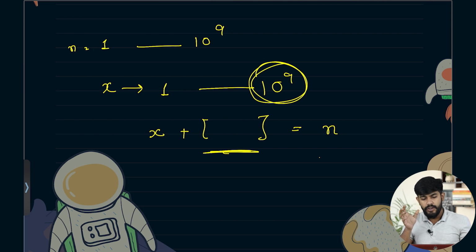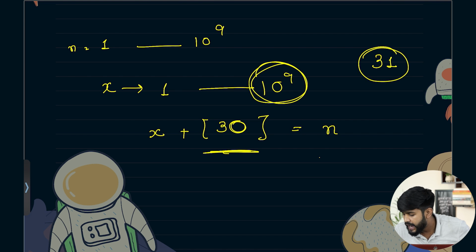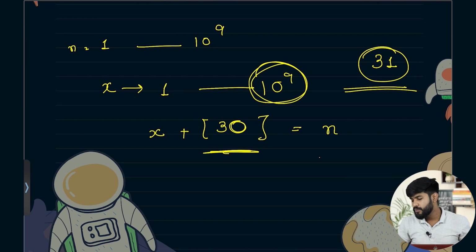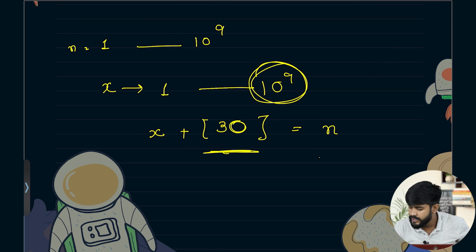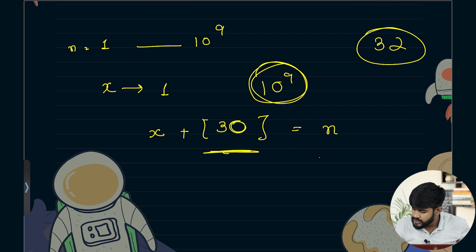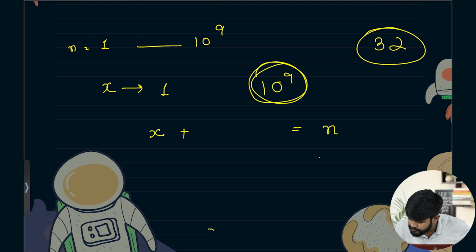If we make all 30 bits 1, then the count of set bits would at most be 30, or to be on the safer side, 31 or 32. Basically, most of the time we take the value 32 to be on the safer side. So this value at most can be 32. The minimum can be 1 and the maximum can be 32. This is what I would expect.